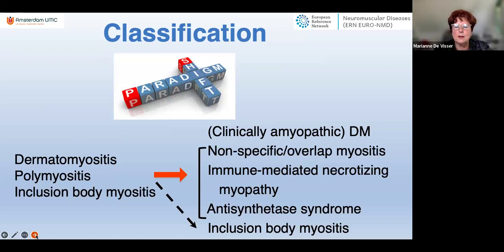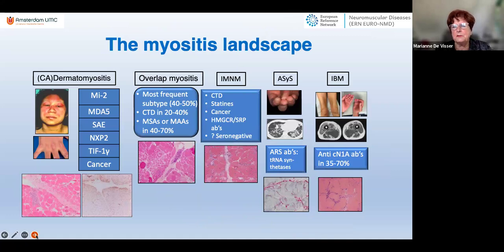If there is no associated connective tissue disease, it's called non-specific myositis, immune-mediated necrotizing myopathy, and anti-synthetase syndrome. And all too often, patients who were first diagnosed with polymyositis were later found to have inclusion body myositis. Unfortunately, polymyositis as a disease entity is still recognized as such in lots of countries, and in particular in the Far East.